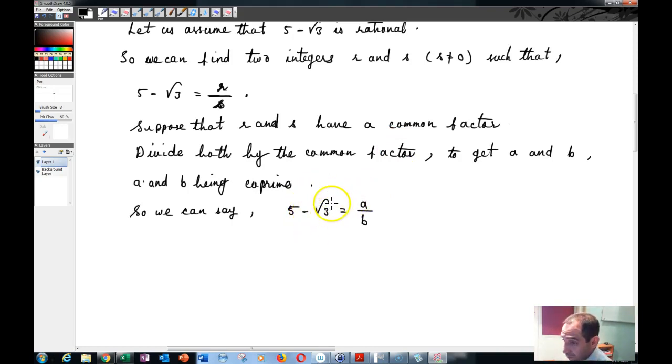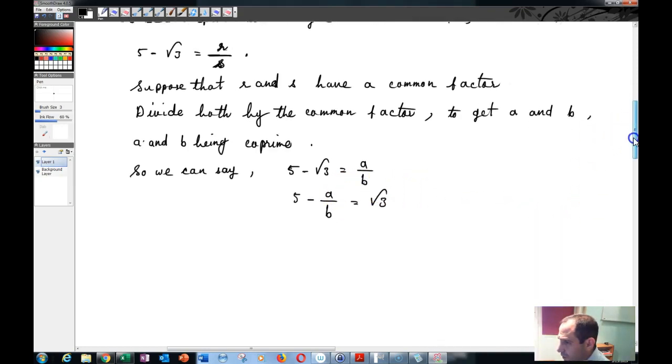Meaning that if in this equation you solve for square root of 3, take square root of 3 to the other side of the equation and a by b to this side, what you will get is 5 minus a by b is equal to positive square root of 3.